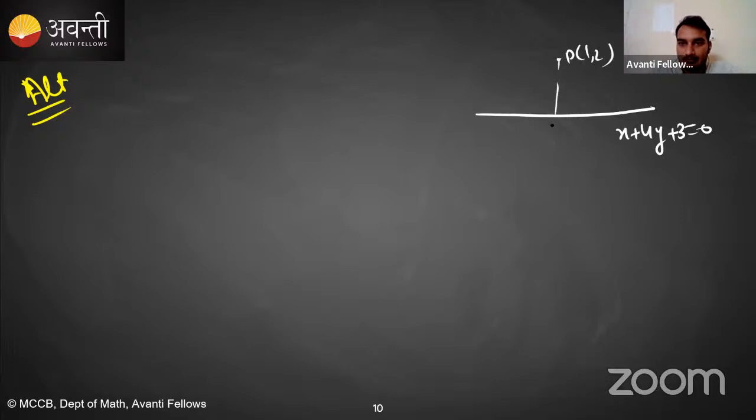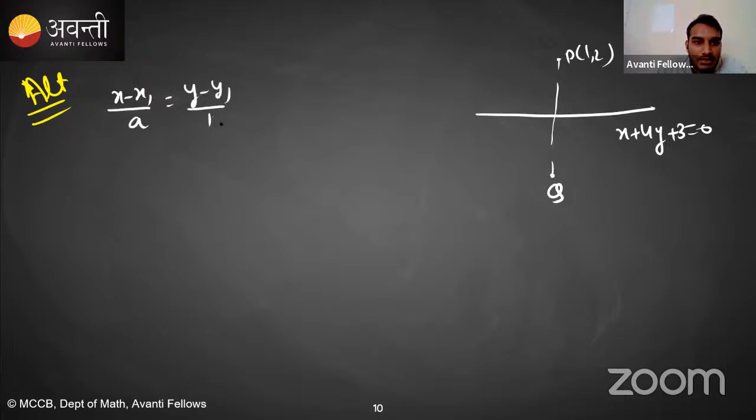Let's say the Q point is here. You know what the formula is: x minus x1 upon a is equal to y minus y1 upon b is equal to minus 2 times (ax1 plus by1 plus c) upon a square plus b square.